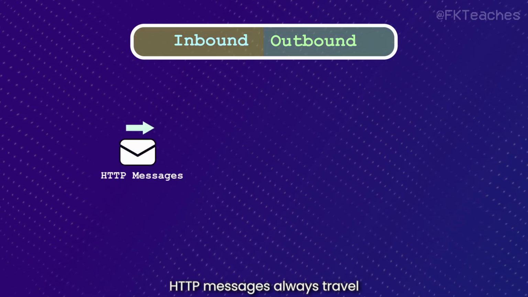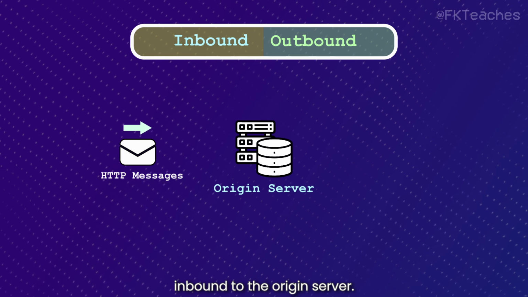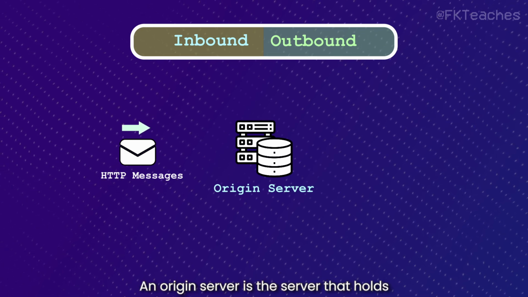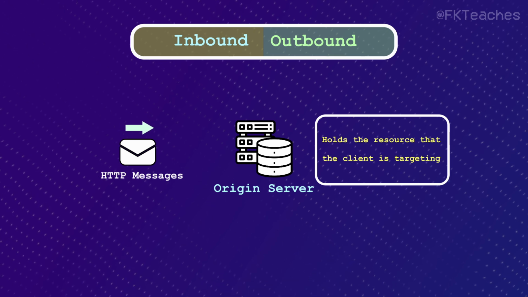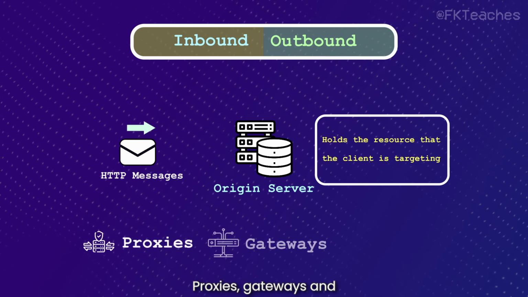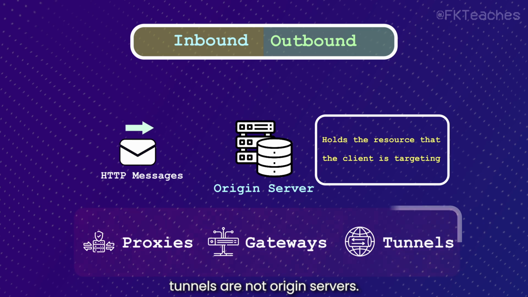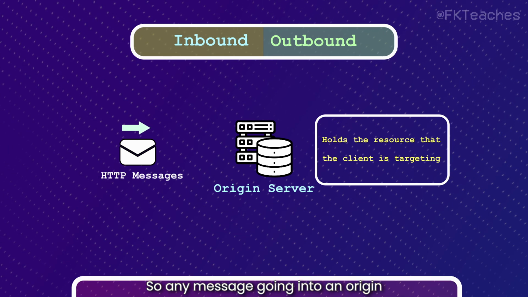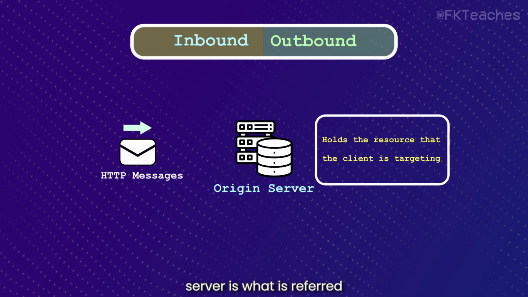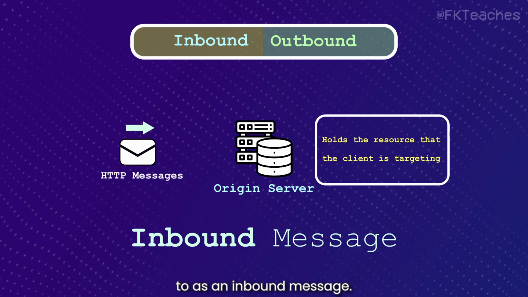HTTP messages always travel inbound to the origin server. An origin server is the server that holds the resource that the client is targeting. Proxies, gateways, and tunnels are not origin servers. So, any message going into an origin server is what is referred to as an inbound message.